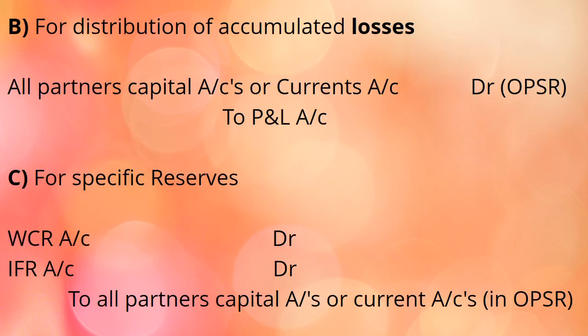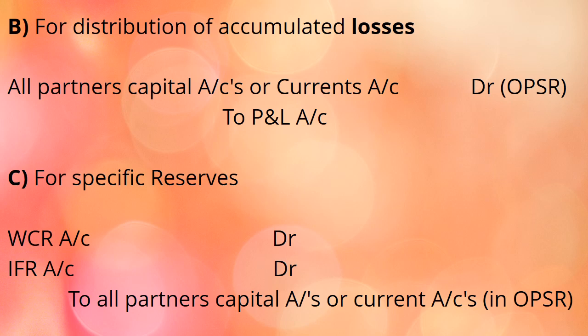B number, for distribution of accumulated losses: all partners' capital accounts if capital is fluctuating, and current accounts if capital is fixed, debit OPSR, old profit sharing ratio, to P&L account. In case of loss, partners' capital account is always debited.